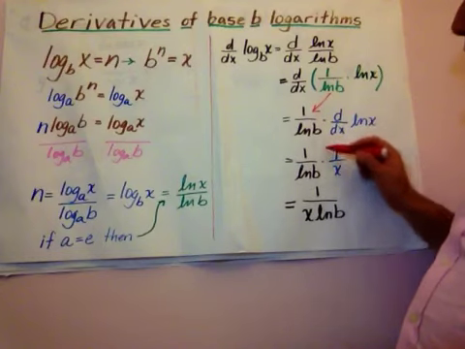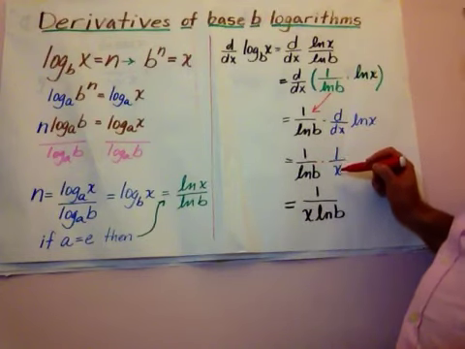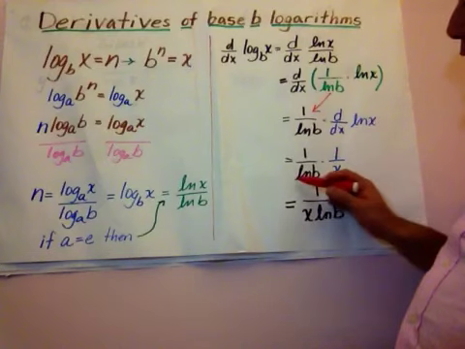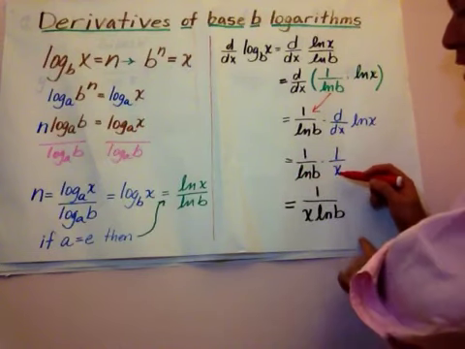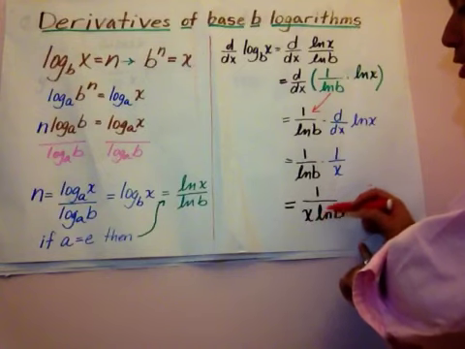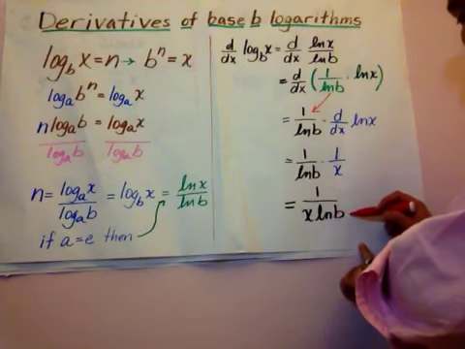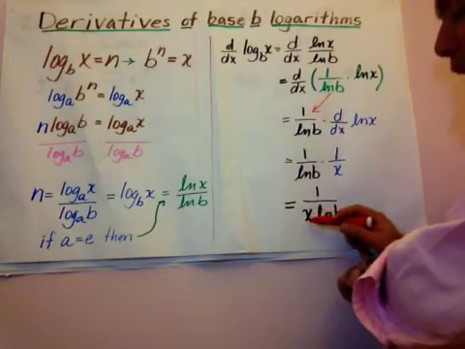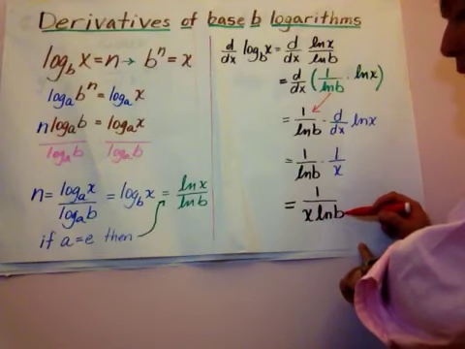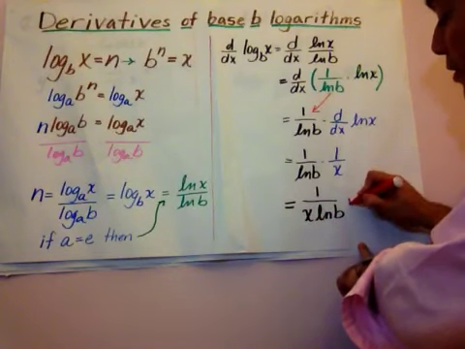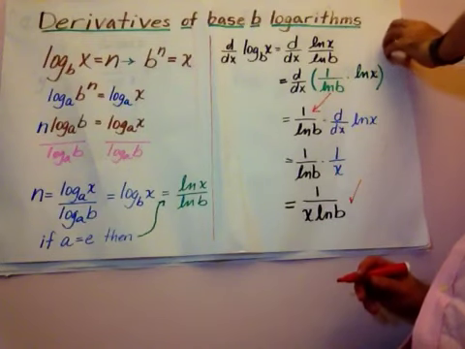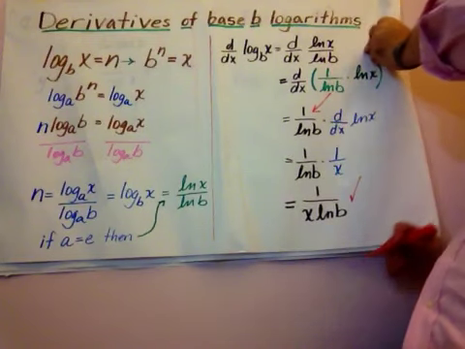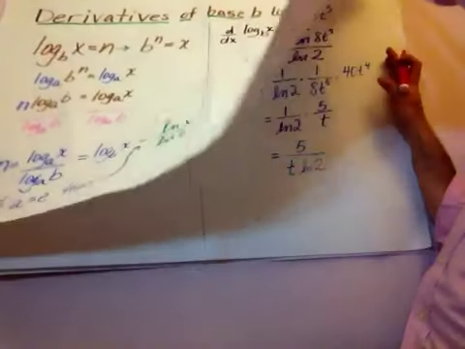And then we just rewrite it with the x in front of the natural logarithm. This is so that it doesn't get confused with natural logarithm of bx, but rather x times natural logarithm of b. So this is the derivative. Alright, let's move on.